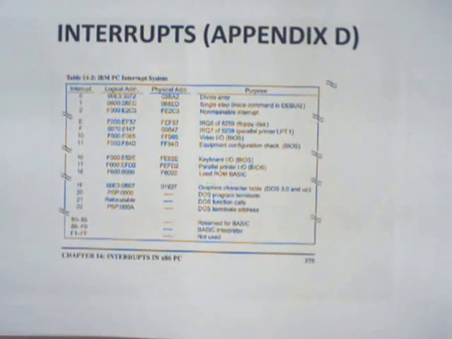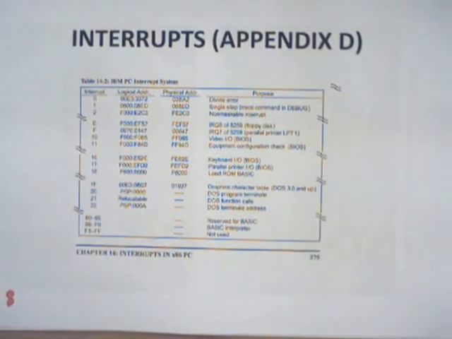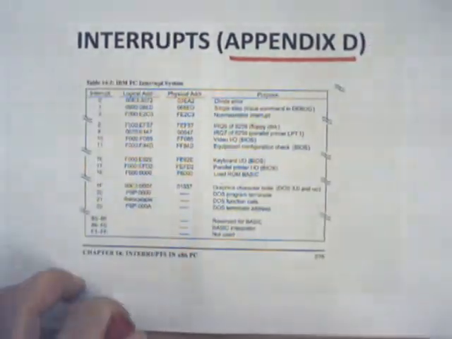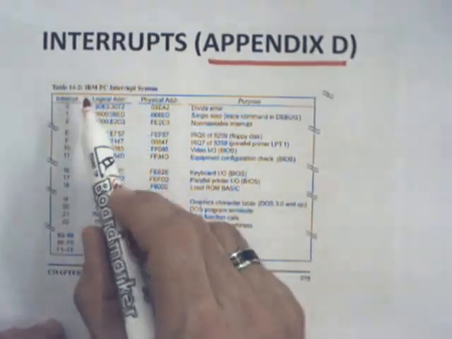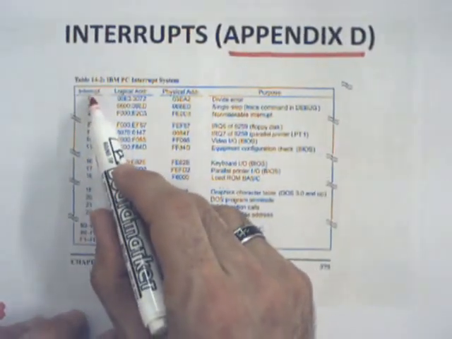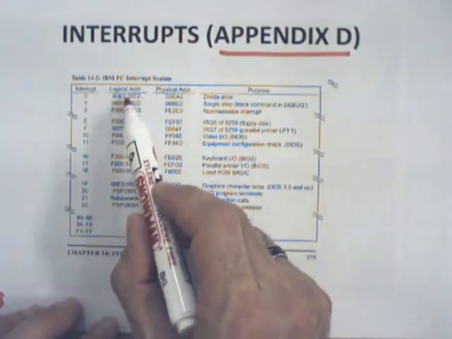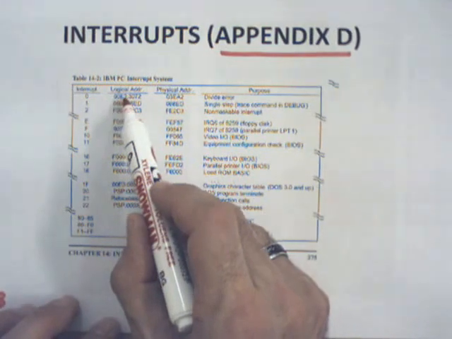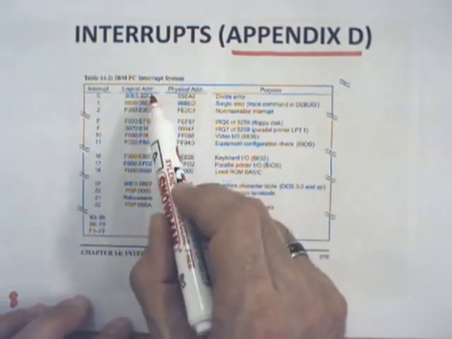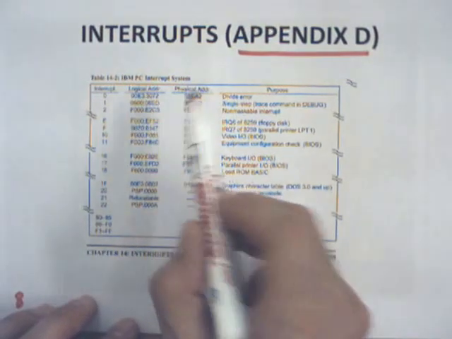One cannot memorize all the interrupts. Usually they are given in tables, and at the end of your textbook, in Appendix D, the original IBM PC interrupt system is given from interrupt type number 0 to FF, and their logical addresses are given with the segment number and offset number, and physical address can be calculated by using these numbers.